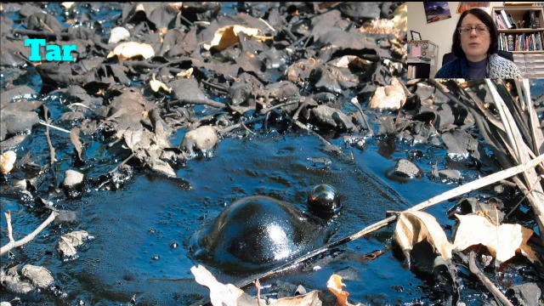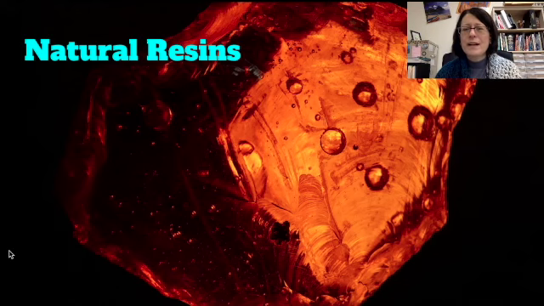The animals would fall into the tar pits and then become preserved. And we have many fossils from that. Natural resins. A lot of times you'll see insects that are encapsulated in what we call amber, which is plant resin that has solidified and hardened and become a fossil.